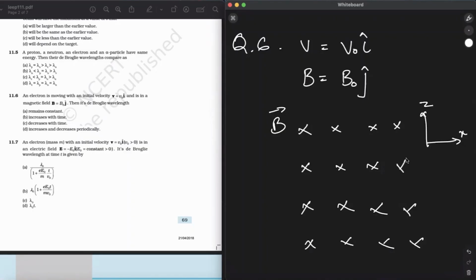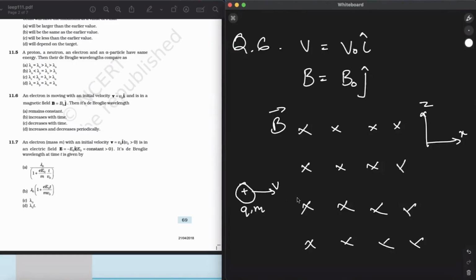Now suppose there is a positive charge q with a mass of m, with a velocity v, and it enters this magnetic field.